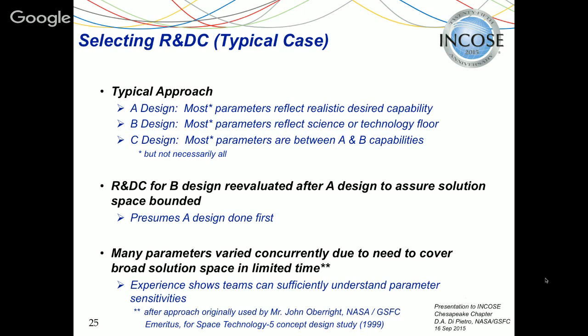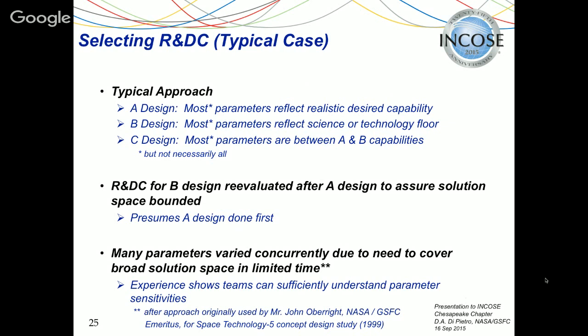Now, after you've run the A design, if you run the A design first, the R&D-C for the B design is reevaluated to make sure that you have bounded the solution space. One observation is, as you're doing these design studies, if you have only 3 cycles, you have to vary many parameters at the same time, maybe 20, 25 design and requirements type parameters at the same time.